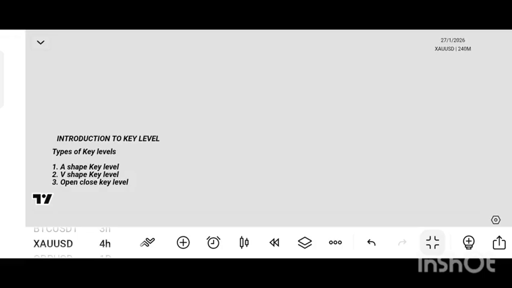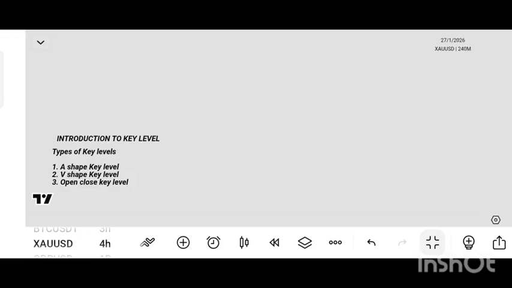A lot of people call them points of interest; you can call them key levels. It's a point in price that acts as a turning point. You get what I'm saying? A turning point for price.